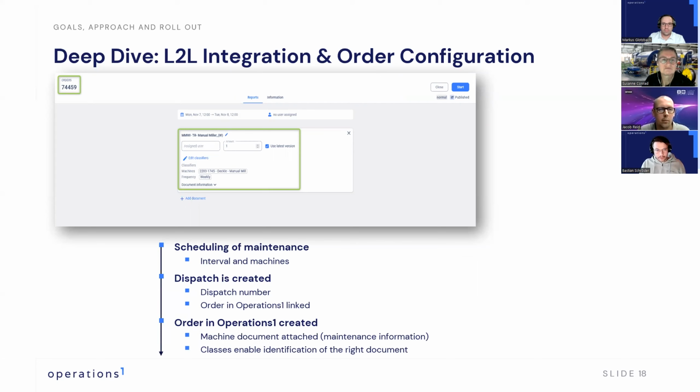And within the order, again this is just an example, we have the document for the required maintenance that we have to do, according to what kind of machine we are performing the maintenance on and what kind of frequency we have here. We can see that also in the green frame here, machines and frequency.